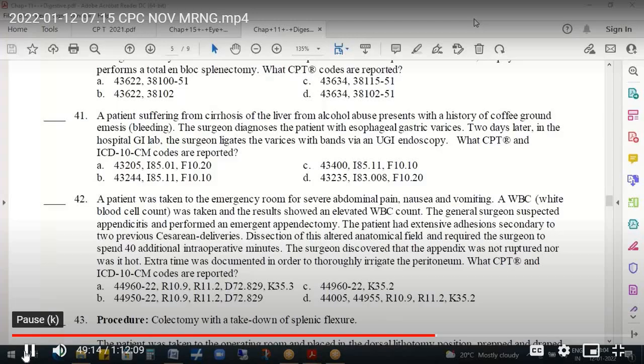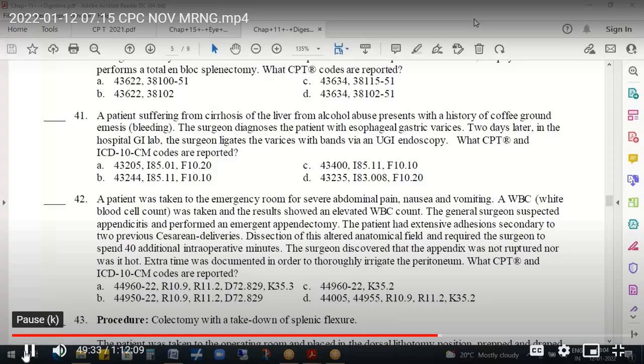Next one, type of repair performed, or type of procedure performed. After identifying the hernia name, next you need to look for the type of procedure performed.